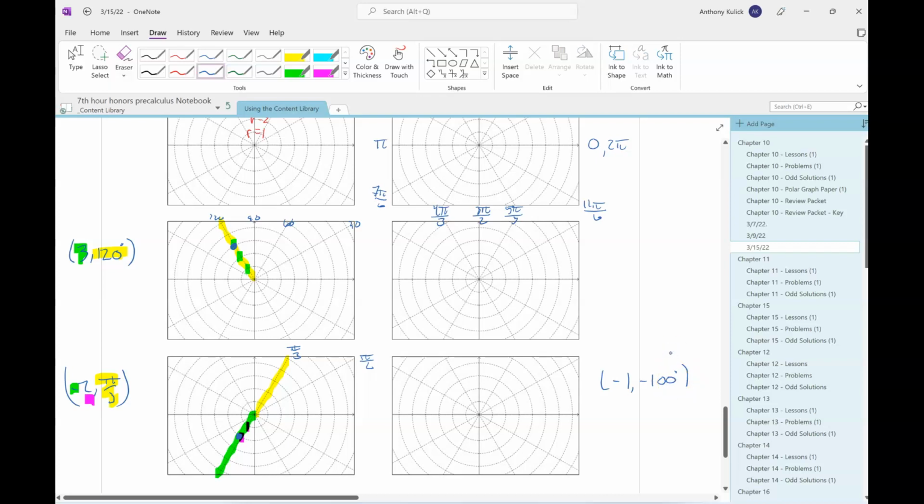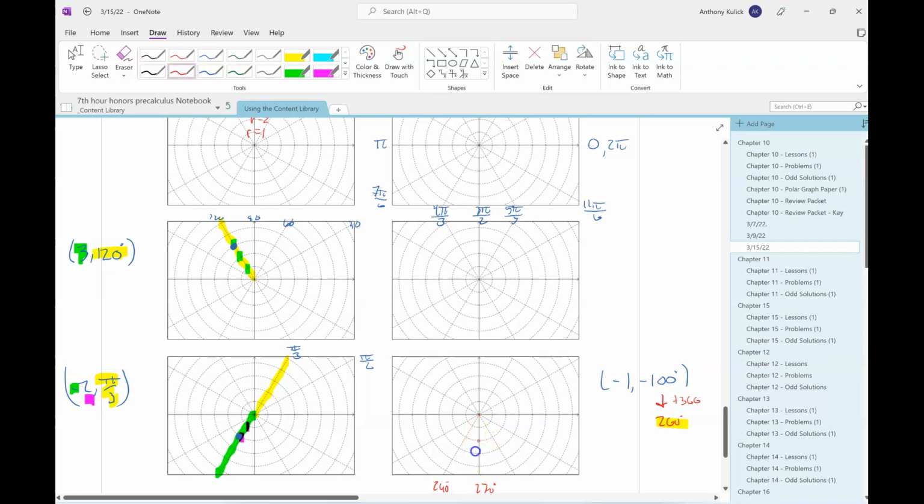Do one more. So let's say we want to plot (-1, -100). Again, I like to start with the angle first. Notice that the angle is negative. What does that mean? We're going the other direction, or you could add 360 to it and find a coterminal angle. That's the way I prefer to think about it. So I know 240 is here and 270 is here. So 260 is over here somewhere.